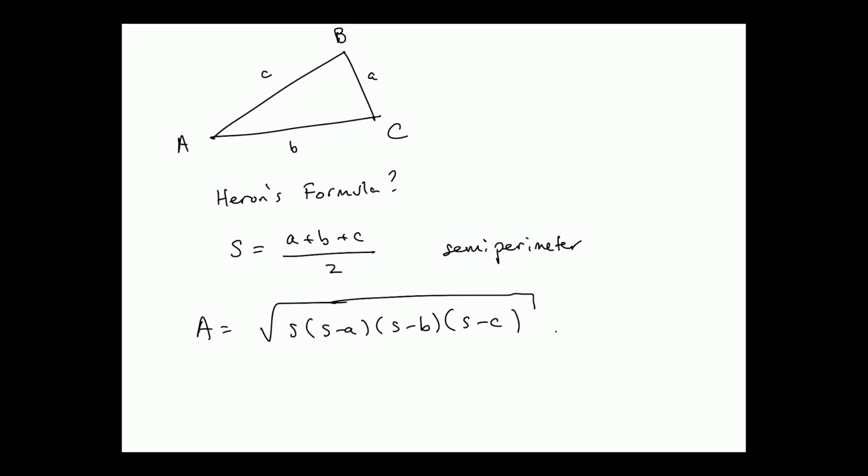Okay, so what four pieces of information do we need to do this computation? We need to know A, B, and C, and we need to know S. So, how do we get A, B, and C? What are those quantities in terms of my diagram? They're the lengths of the three sides, right?